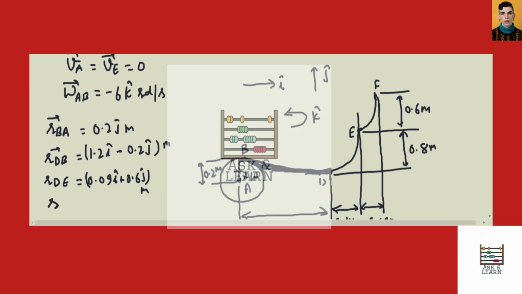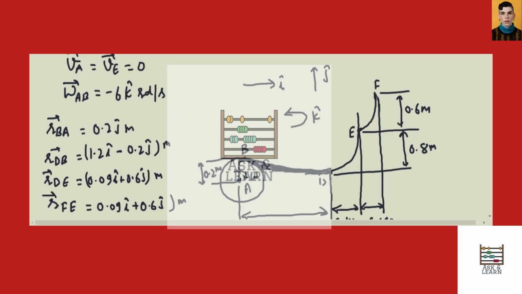And the r_FE vector is 0.09 i cap plus 0.6 j cap meter. All the values are in meter. Remember it.